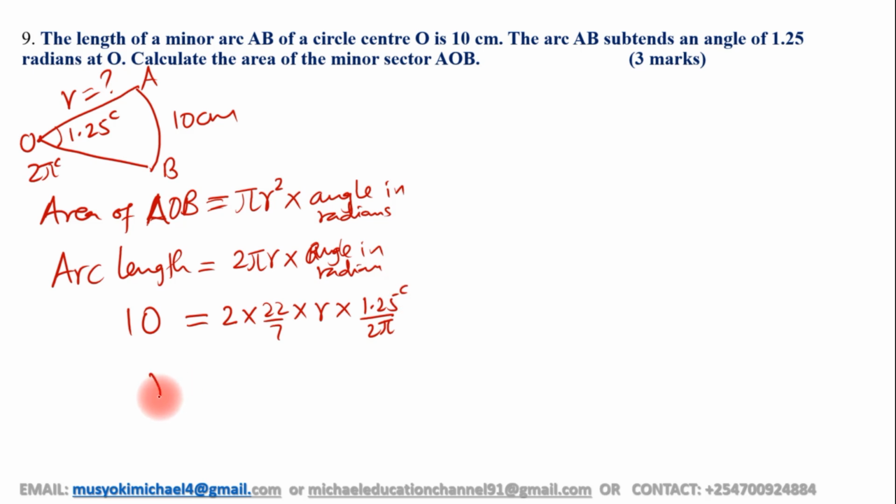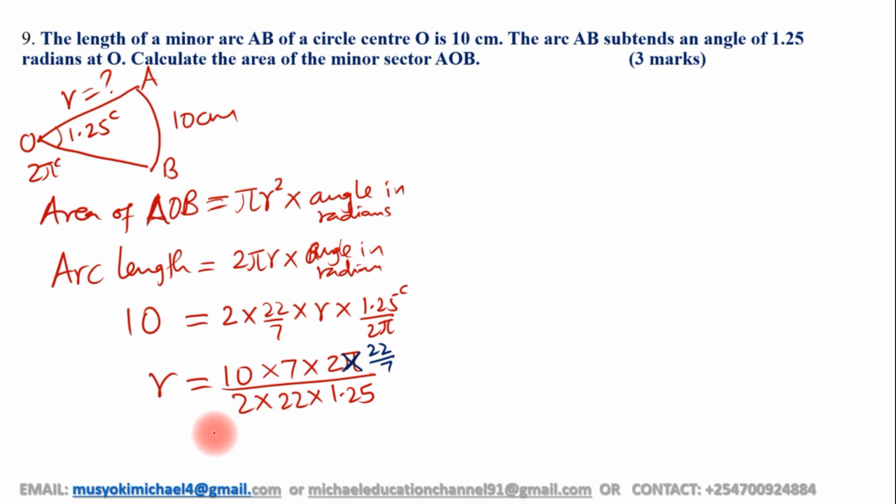So to get r, it will be 10 times 7 times 2 pi all over 2 times 22 times 1.25, and pi here in our case it is 22/7. So if we work it out, we shall get exactly radius is 8 centimeter.